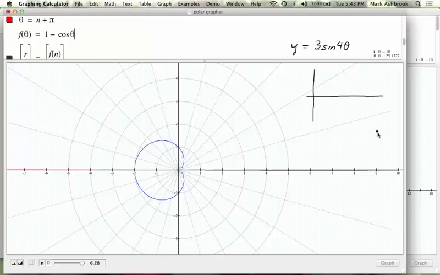But for this, can we find the top? What are the coordinates of the top of the cardioid? How would we do that?